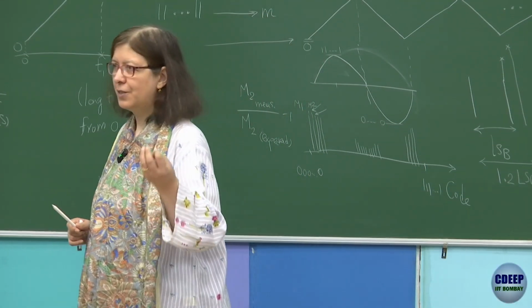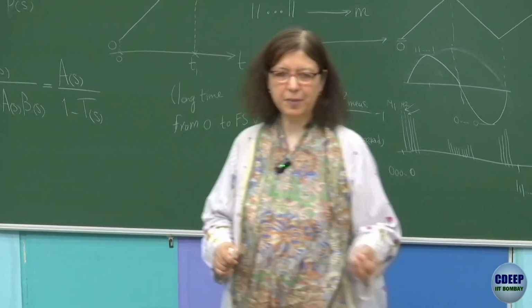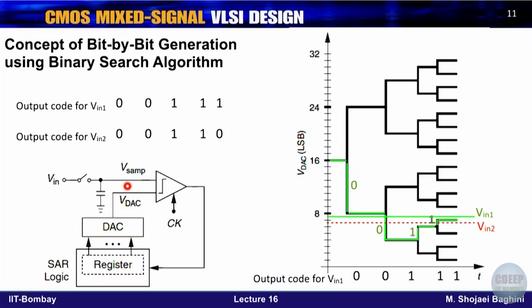So over a number of cycles of comparison, the difference between the analog signal and the input of the comparator will settle at the closest possible value, because the output of the DAC is quantized, it's not continuous. So we have a limit on the absolute minimum error which can be established here, and that will be determined by the resolution of the DAC, right? The resolution of the DAC will determine it.